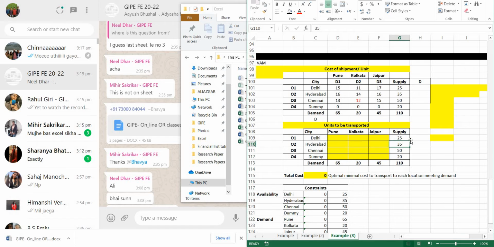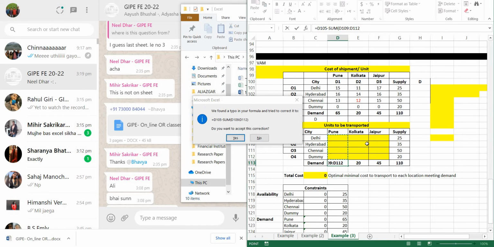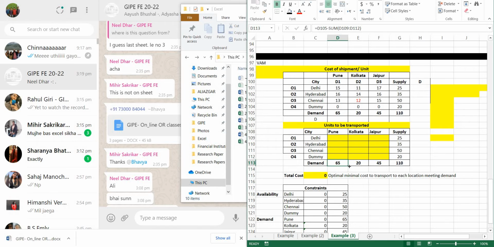No, sir, you've put it into the wrong matrix. You have to put it into the cost matrix, not in the quantity matrix. Not the allocation matrix. Yes, sir, we have to put it into the cost matrix. So here 15, 13 and 12.